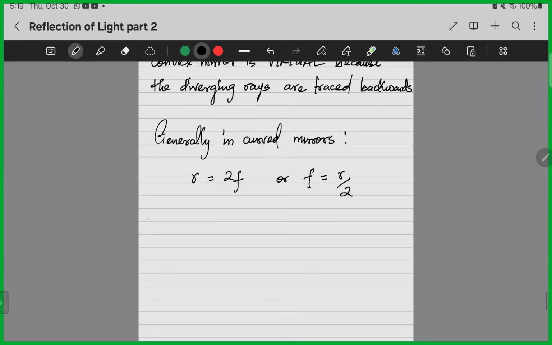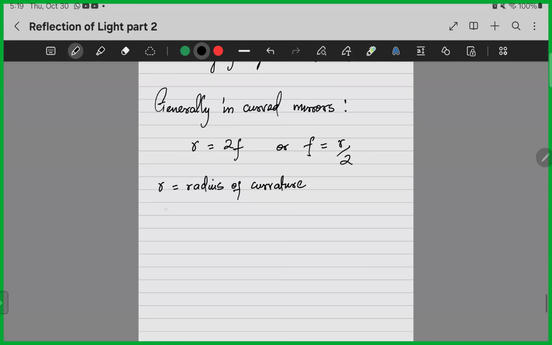And what is R? R is the radius of curvature. Are you with me? And F is the focal length. So please get this formula. Let me put it in red, just like I normally do. Keep that in mind.